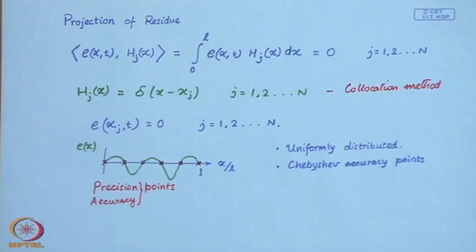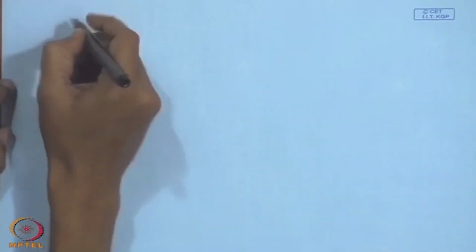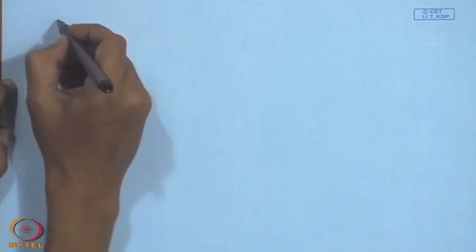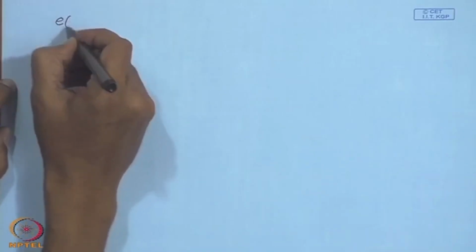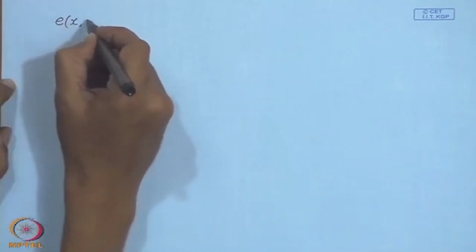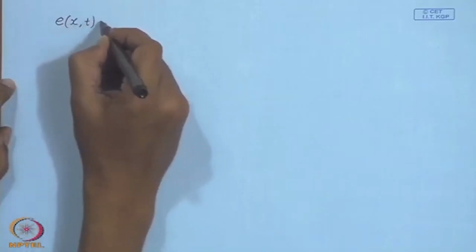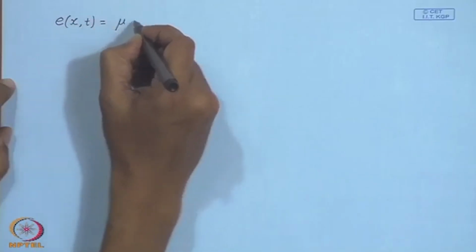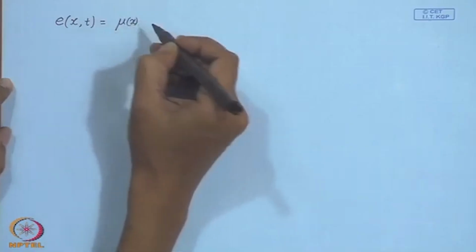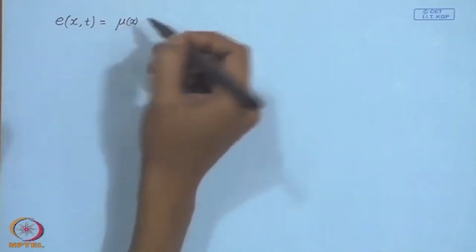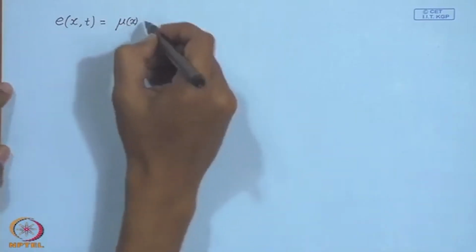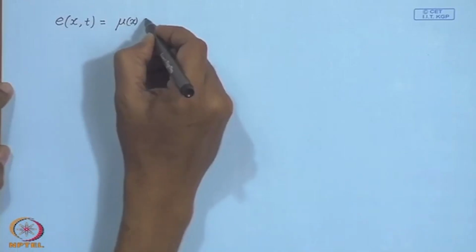Now, let us first look at what happens when we substitute this residue in the projection equation.